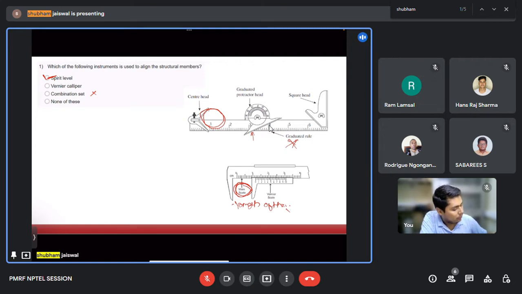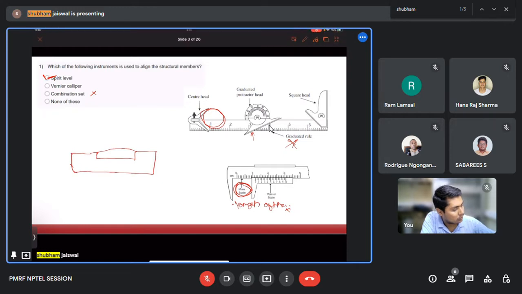If we consider a spirit level, this is our bubble, and we have a spirit inside it.